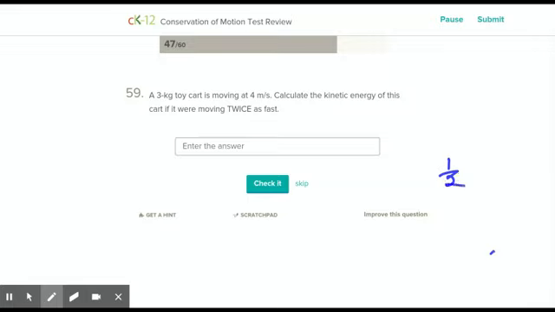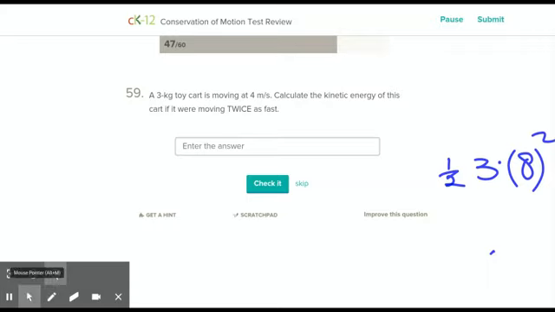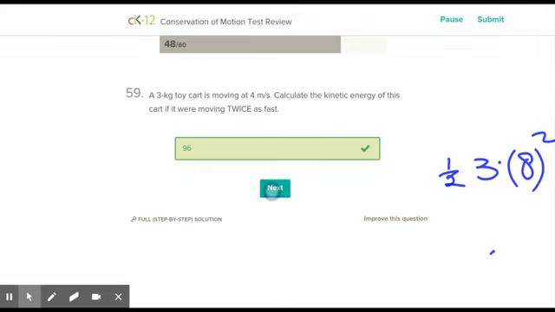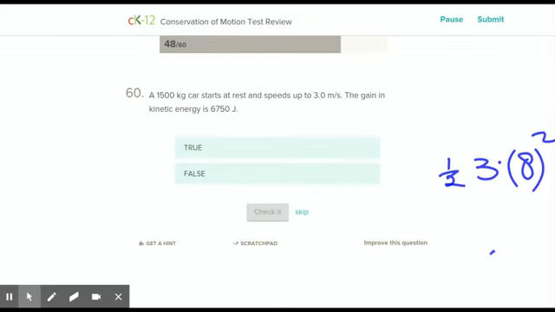Half m is 3. So your velocity is 4, but twice as much will be 8. 8 squared. Okay. So now you calculate it, you get 96. Last question.